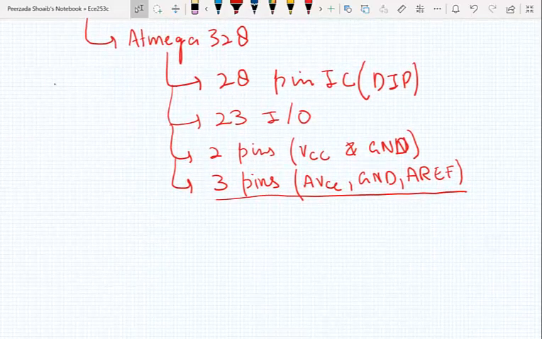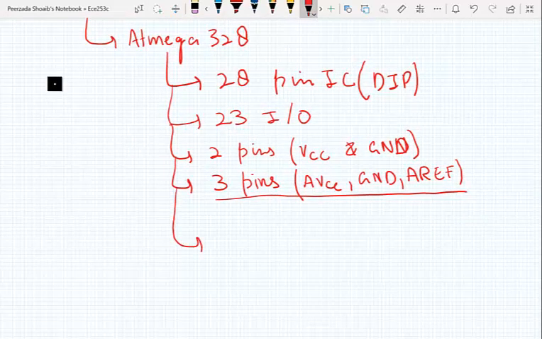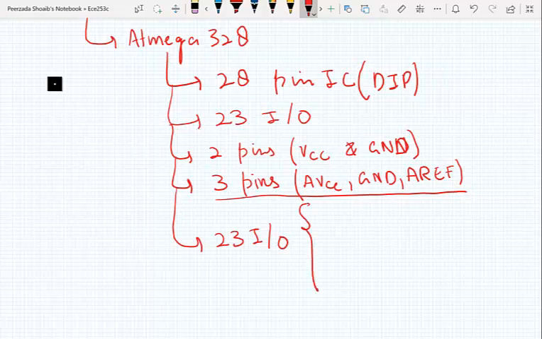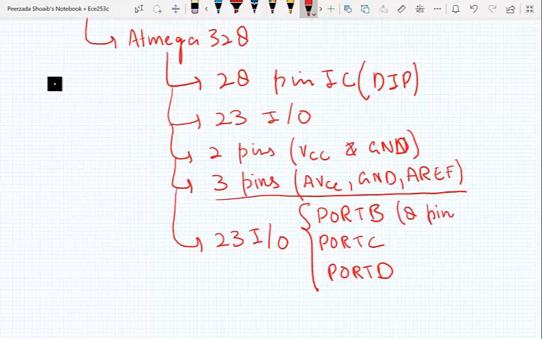Of the 23 input output pins, they have been divided into 3 ports. We have named them port B, port C, and port D. Port B has 8 pins, it's an 8-bit wide port.